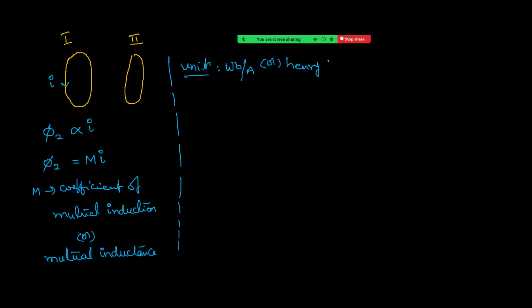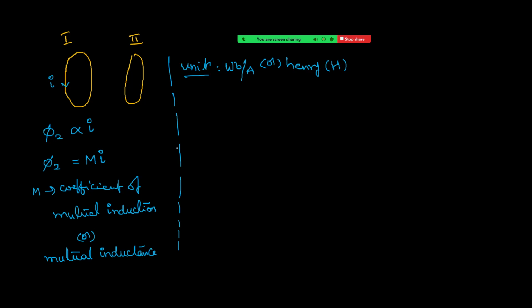Our notation is capital H, right? So here we are focusing that current flows in one coil, but flux is changing in the other coil. That means EMF is induced in the other coil, and because of that current flows in the other coil. And this is what we call mutual induction, right?